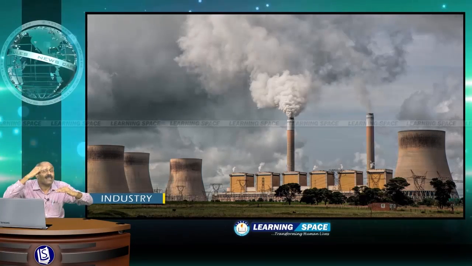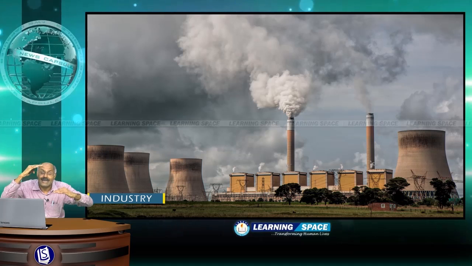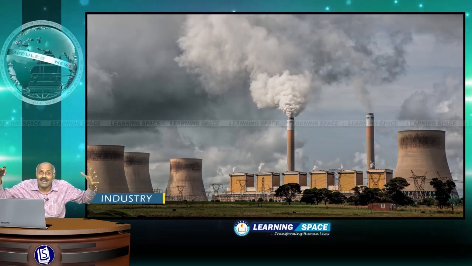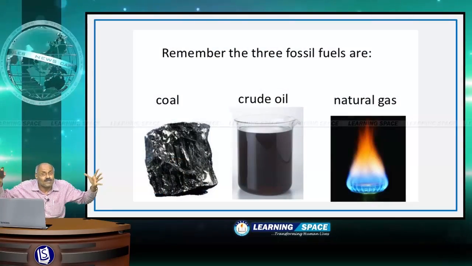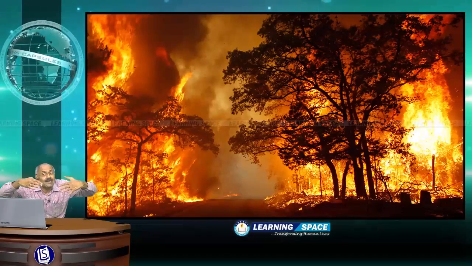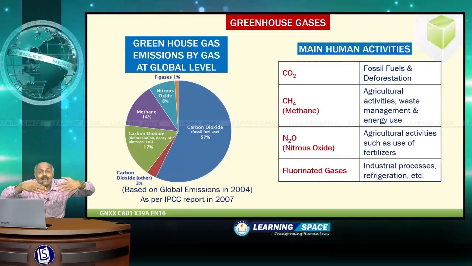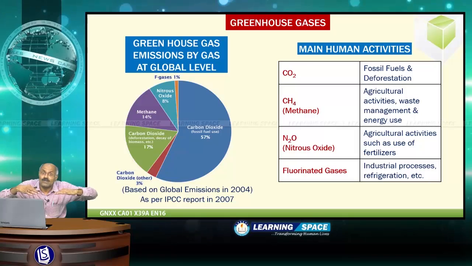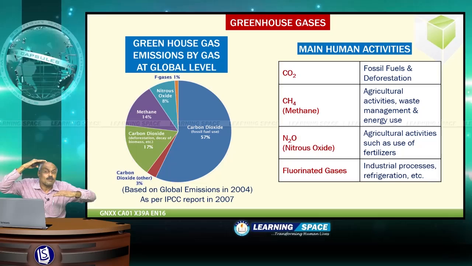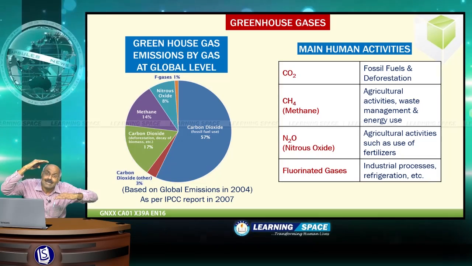Now it is around 400 parts per million, an increase of almost 50% because of industrialization, because of burning of fossil fuels, because of deforestation. So, during the past 200 years, the levels of carbon dioxide in the atmosphere increased from 280 parts per million to almost 400 parts per million.